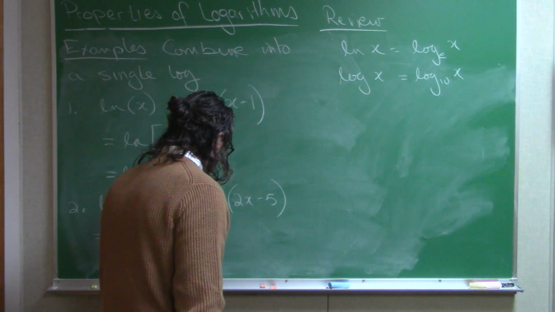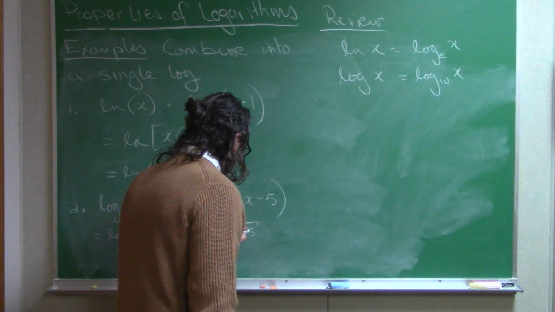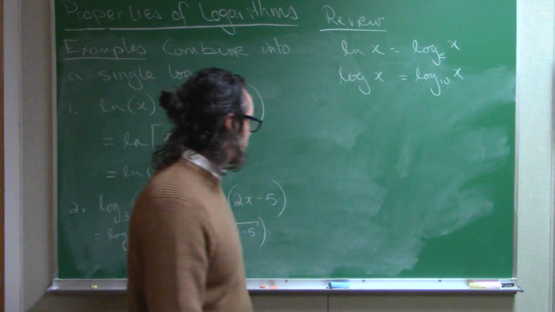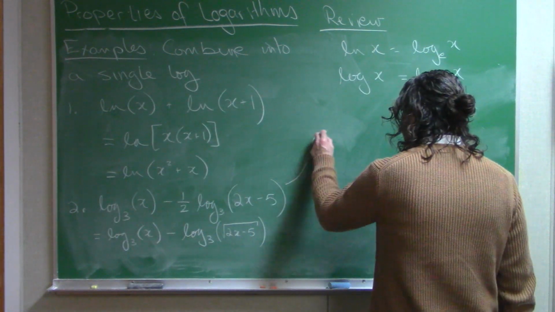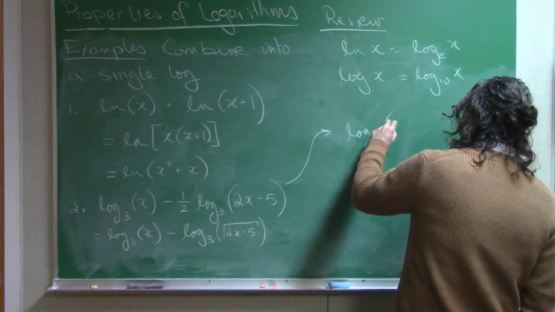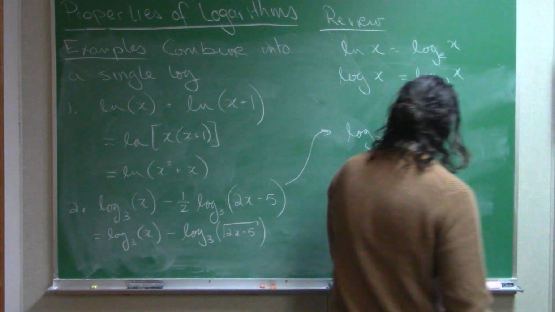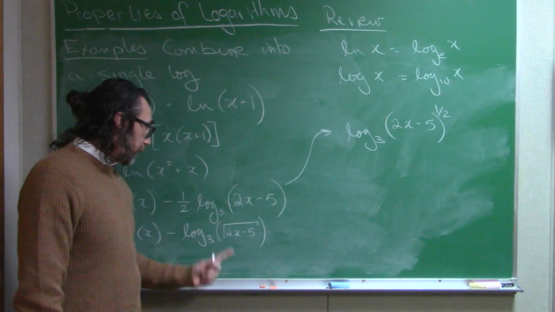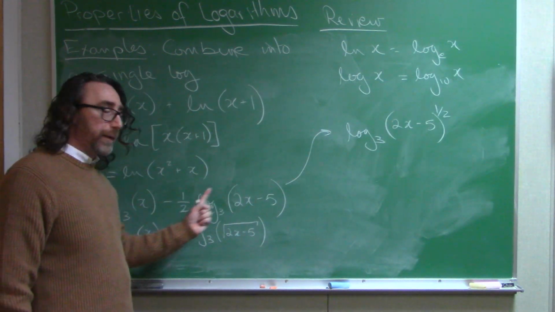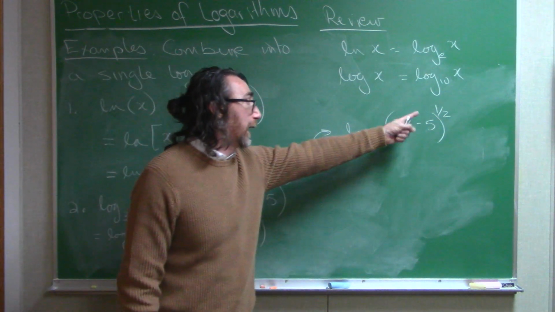And heck, I'm going to do this. Okay, why am I doing that? Well, little side thingy over here. The power rule for logs says I can take this 1/2 and put it up as a power. So I got 1/2 power.